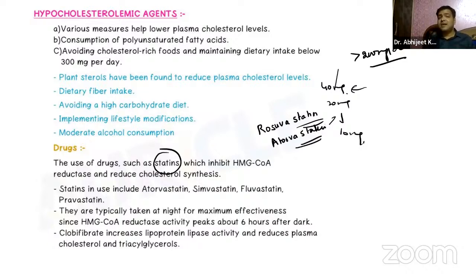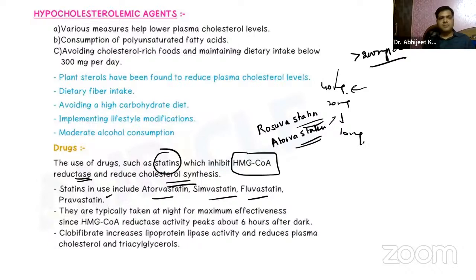Now, these statins will inhibit one enzyme that is called HMG-CoA reductase, and this is the enzyme which is forming the cholesterol. Now, imagine if this enzyme is reduced, so automatically the cholesterol synthesis in the body will reduce, right? So we have atorvastatin over here. They have written simvastatin, fluvastatin, pravastatin. There are many statins, guys. Rosuvastatin, atorvastatin. So these are something that you have to all remember, right?